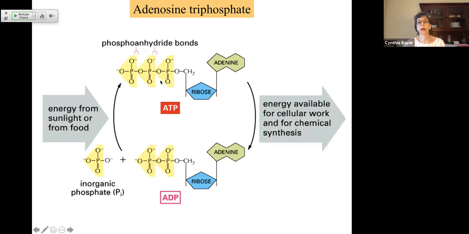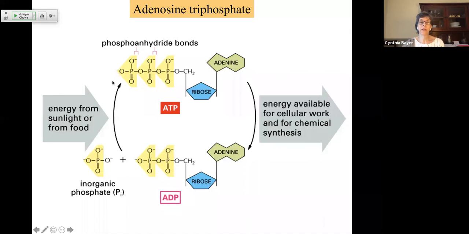ATP is our high energy, mobile energy carrier. ATP is formed by adding a phosphate molecule, a phosphate functional group, to an ADP. So ADP is a lower energy molecule, ATP is a higher energy molecule.